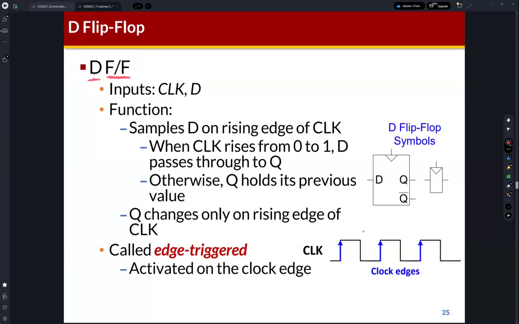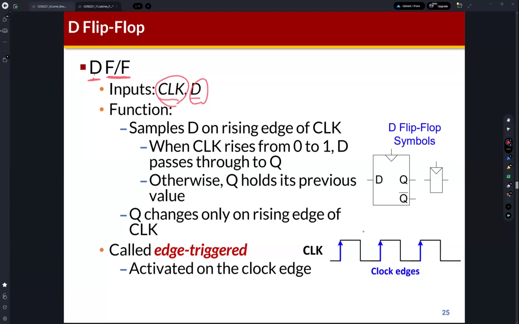We just learned about the D latch. As you can see, the D flip-flop has two input ports, clock and D, the same as the input signals of the D latch. So clock is also the control signal, and D is the data input, like the D latch.